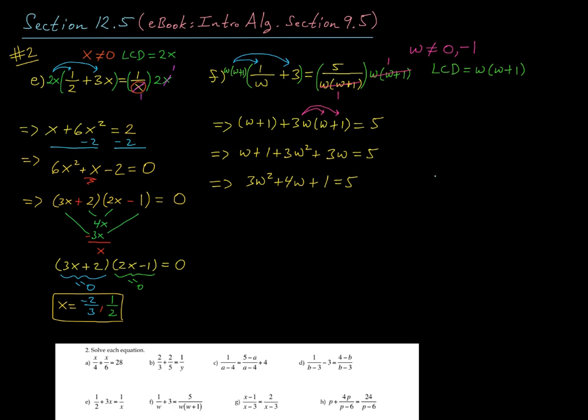Let's go ahead and subtract that 5 from both sides. We have another quadratic equation. So we have now 3W squared plus 4W minus 4, and that's equal to 0. So like we saw in part E, let's go ahead and try to factor this left-hand side.